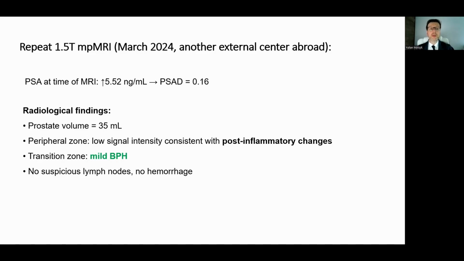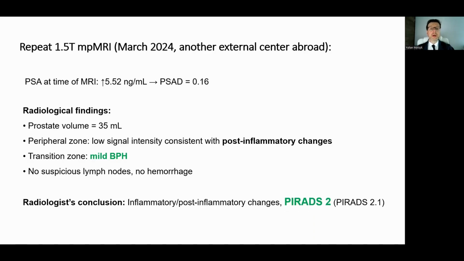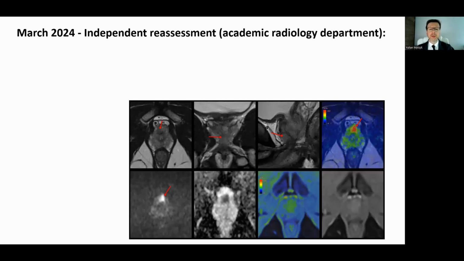But according to the radiologist's findings, again a PI-RADS 2 lesion was observed in the transition zone, with mild BPH features, no suspicious lymph nodes, no hemorrhage, and signs of inflammatory and post-inflammatory changes.